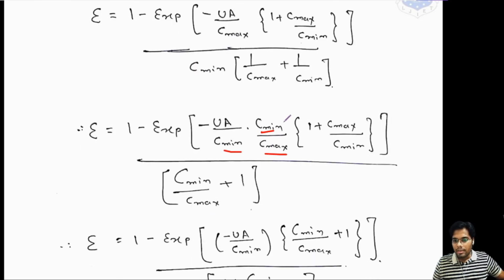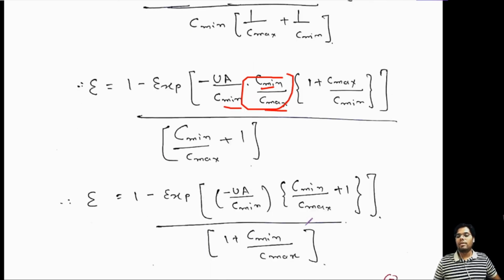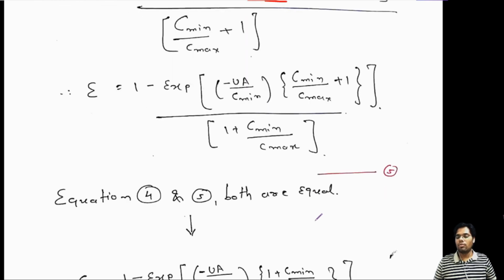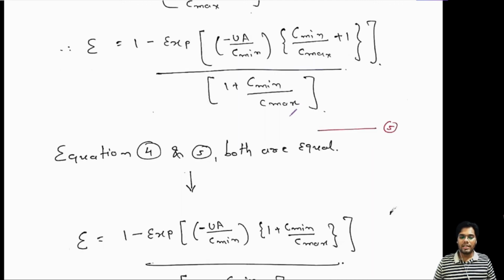Now if we multiply this C minimum by C maximum into the bracket, then we will again get 1 plus C minimum by C maximum. So equation number 5 and equation number 4 are both equal. So the equation will remain the same for both, whether Cc is greater or Ch is greater.